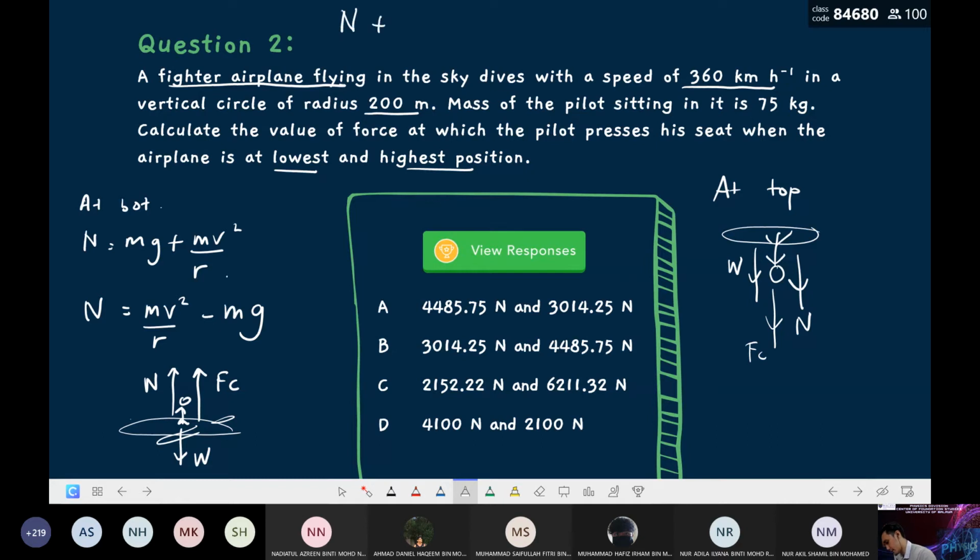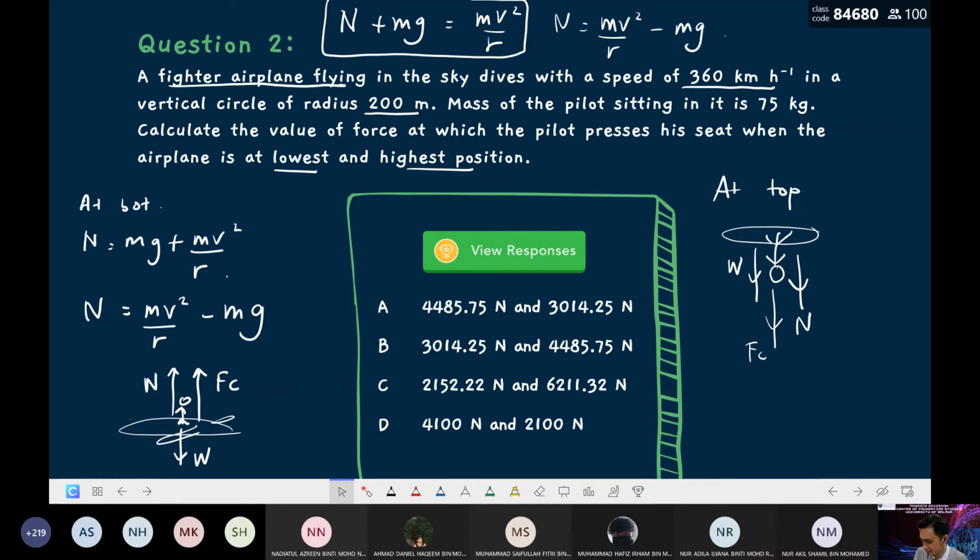N plus mg is equal to the centripetal force. Dia dah jadi equation yang ini tau, sebab dia dah terbalik kan. The normal tu dah sama direction with the weight. Jadi kita buat N plus mg is equal to mv square over r. That's why the normal dia akan jadi mv square over r minus mg.